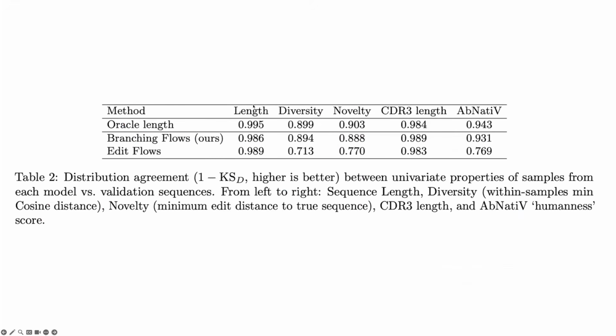If you tabulate this, the length matching for edit flows, branching flows, and oracle length is all very similar, but on the ones that include the sequence content, branching flows and oracle length are similar, while edit flows is substantially worse. Again, the caveat: this is our own implementation. Who knows what could be going on there? We have some hunches about what's going on with edit flows, but it's maybe a little too early to talk about them.